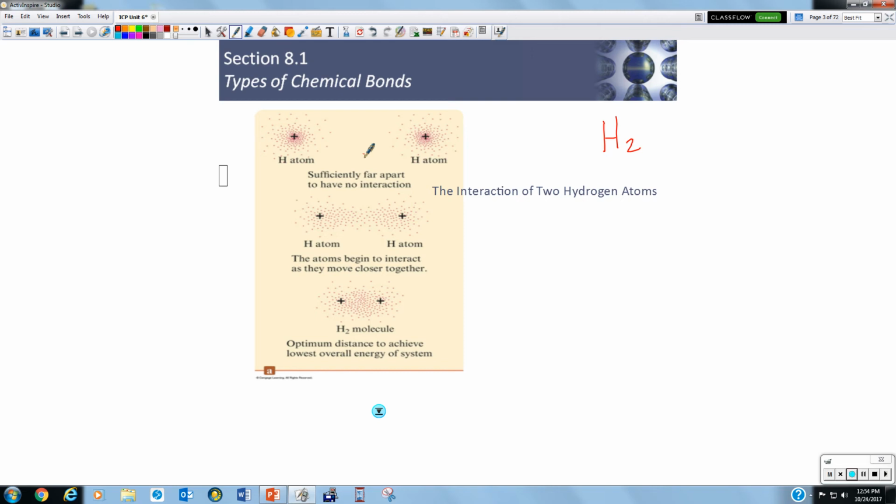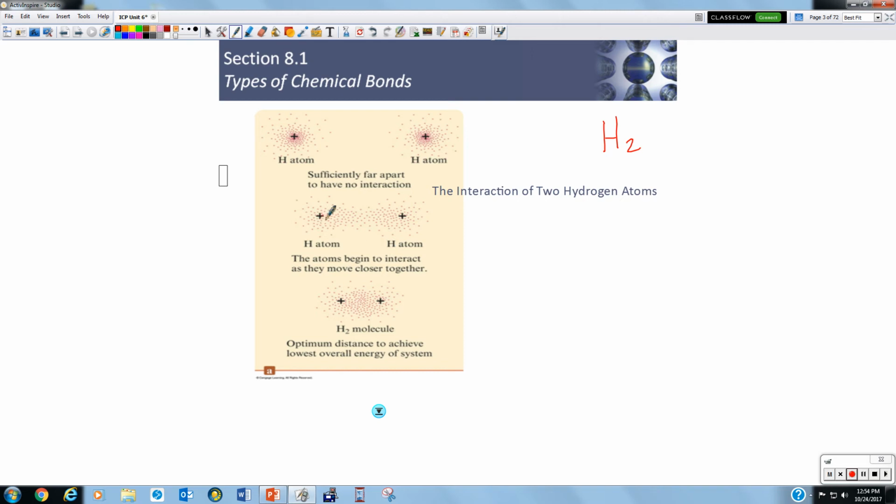It requires a lot of energy for them to be in that position, to be separated. And then as they're moving closer and closer together, the little positive sign right here is representing the nucleus. The dots are not necessarily representing electrons, but they are representing probable locations of an electron.